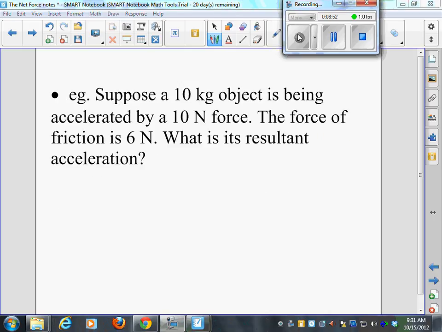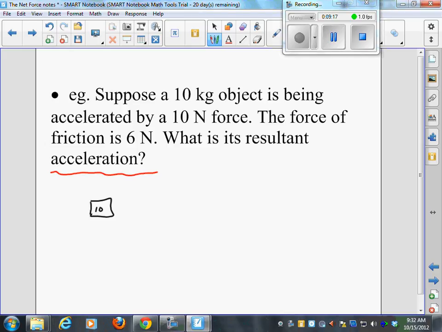This one you might want to jot down, or at least a simplified version of it. Suppose a 10 kilogram object is being accelerated by a 10 newton force. The force of friction is 6 newtons. What is the resultant acceleration? We are looking for acceleration. Okay, so just a quick picture here.